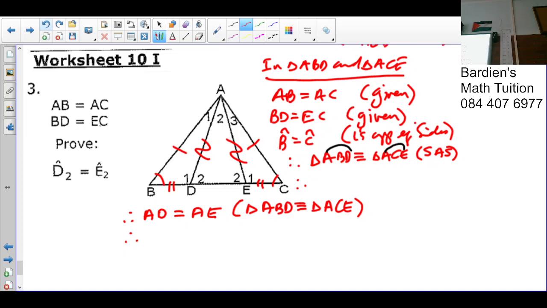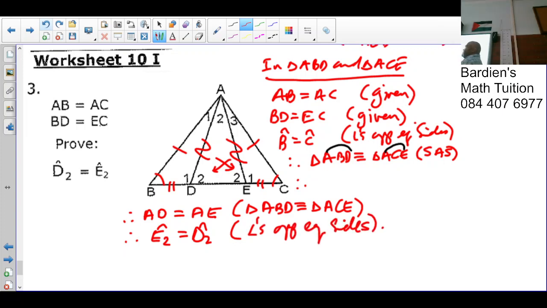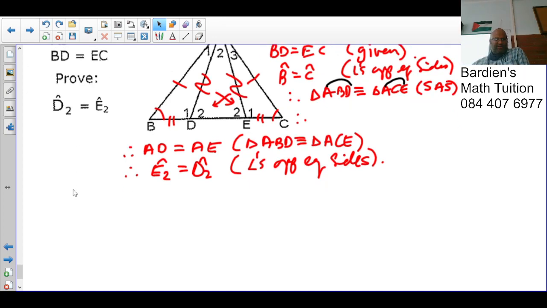Therefore, angle E2 has to be equal to angle D2. Why? Because the sides are equal, so it's angles opposite equal sides. Okay? Make sense? Nice.